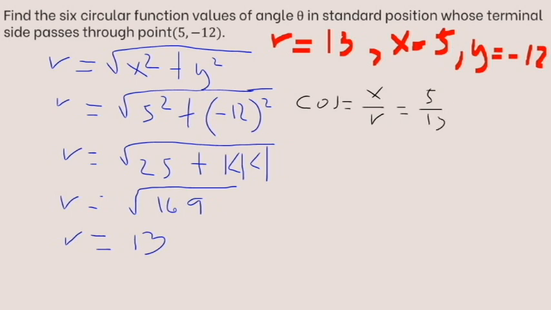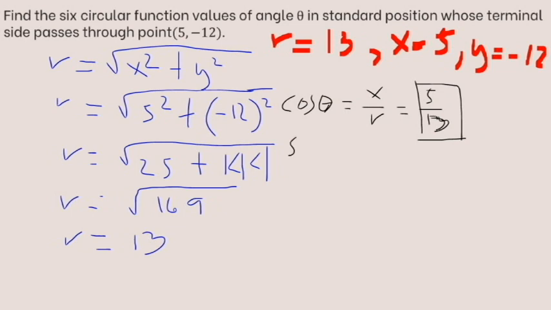So the final answer for cosine theta is 5 over 13.